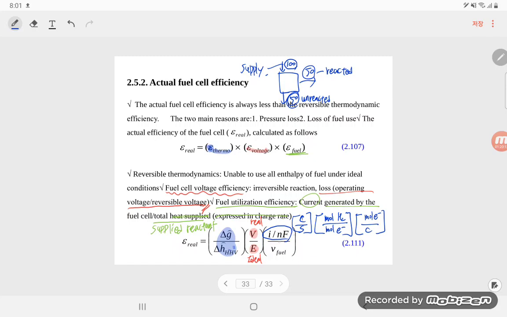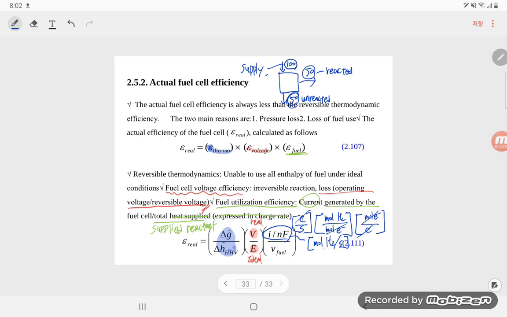The unit of this expression is then moles of H2 per second. That means the flow rate, right? It is directly proportional to the flow rate.